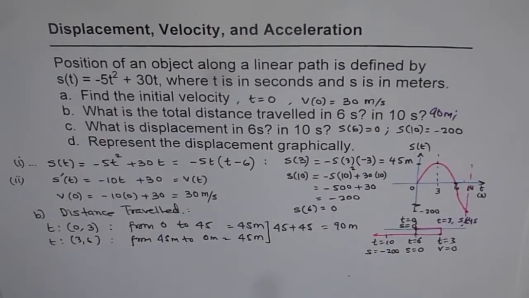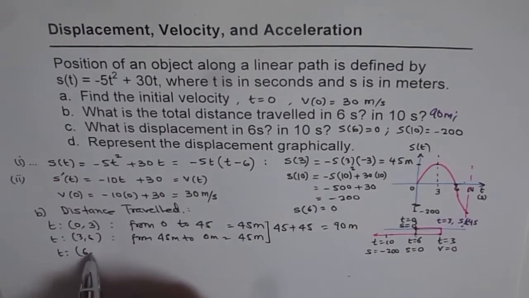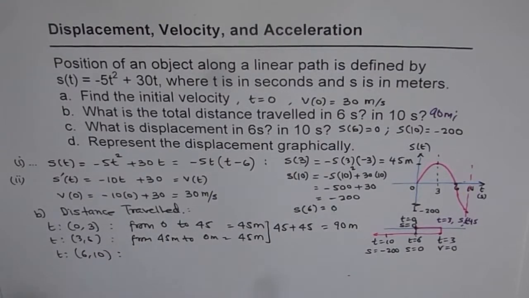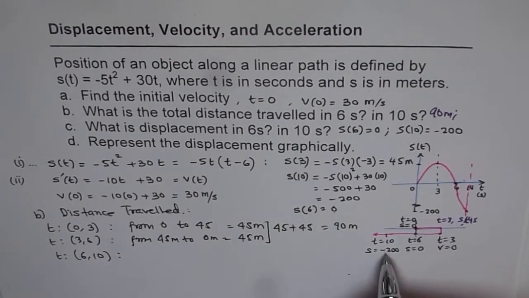Now what happened in the next 4 seconds? That is, we'll consider from 6 to 10, right? So from 6 to 10, we see that the object is actually moving to minus 200.